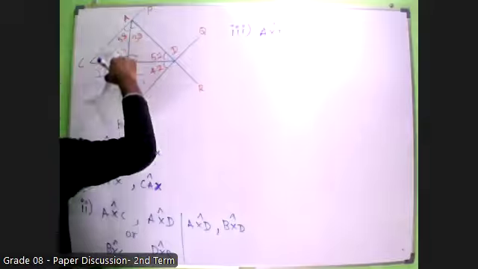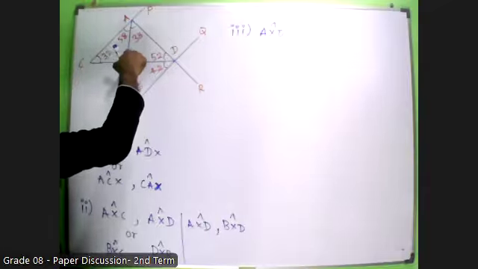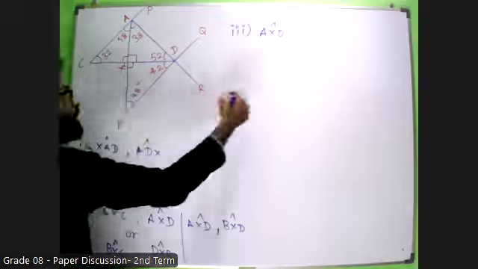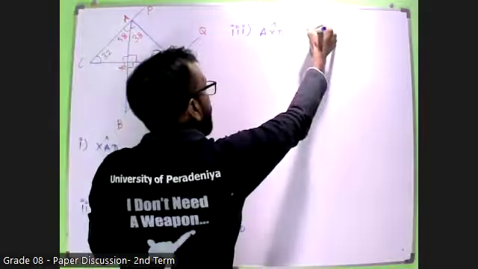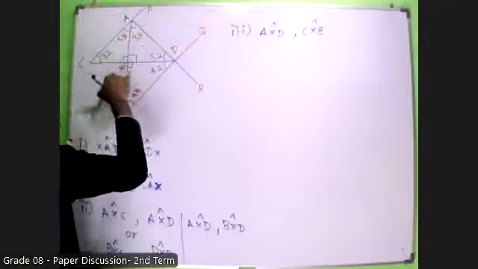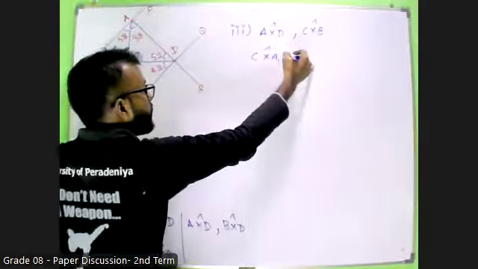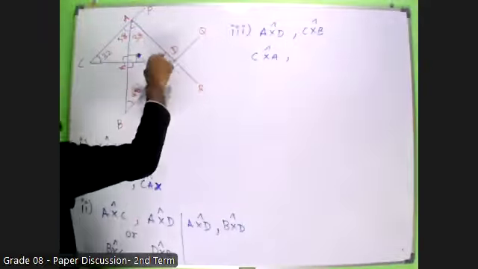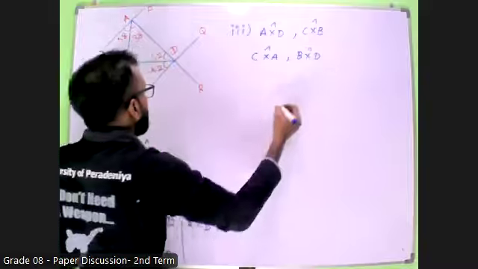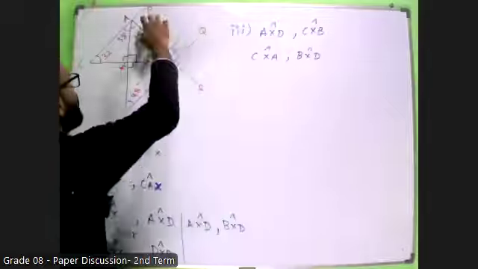For this angle, the vertically opposite angle is CXB angle. Or you can write CXA angle. What is the vertically opposite angle for that? BXD angle. And you can find more.